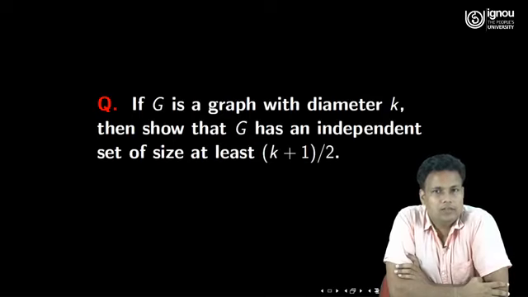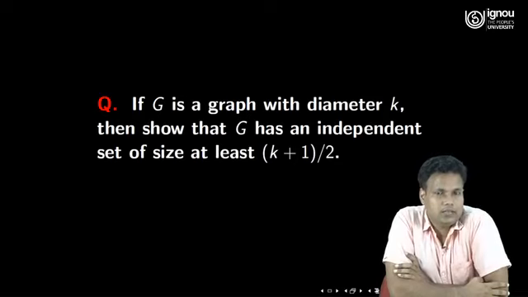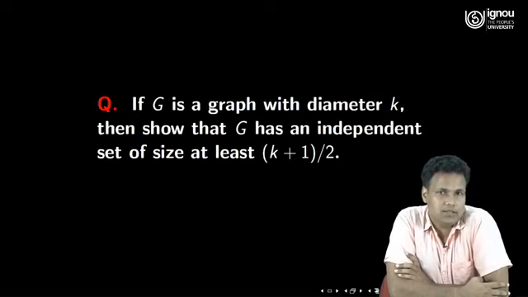We are given that G has diameter k, and we have to show that G has an independent set of size at least (k+1)/2. An independent set means a vertex subset of G where every two vertices are non-adjacent, right? There is no edge in that set.